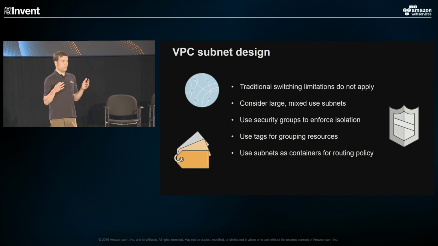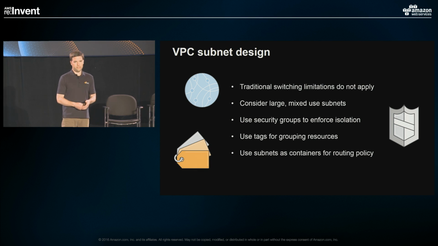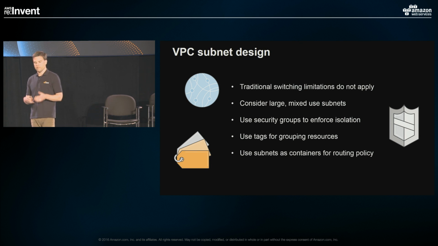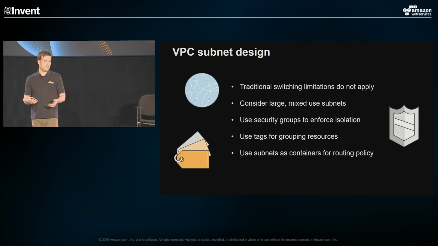By default, you get to start with 500 security groups in a VPC. That's a much more robust ability to isolate things than subnets. And then tags for grouping resources. Tags can drive cost allocation. They can drive very fine-grained permissions and controls through identity and access management, or IAM. You can't get that out of subnets.